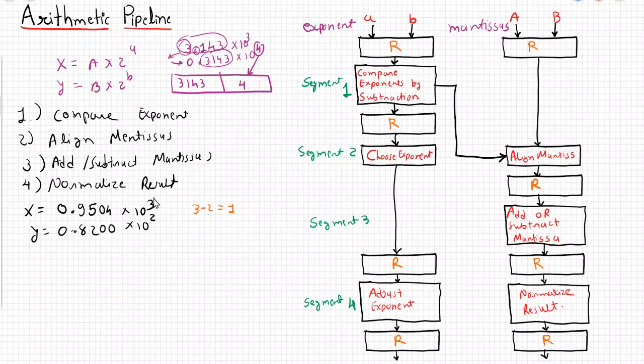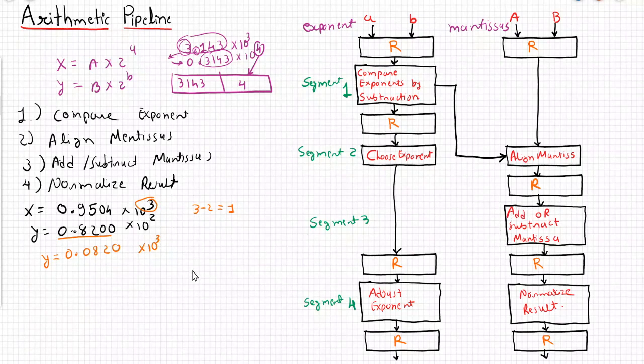So we go with the higher power and align the mantissa of the other variable. We convert y into something into 10 raised to 3. If we write 10 raised to 3 here, this value becomes 0.0820.